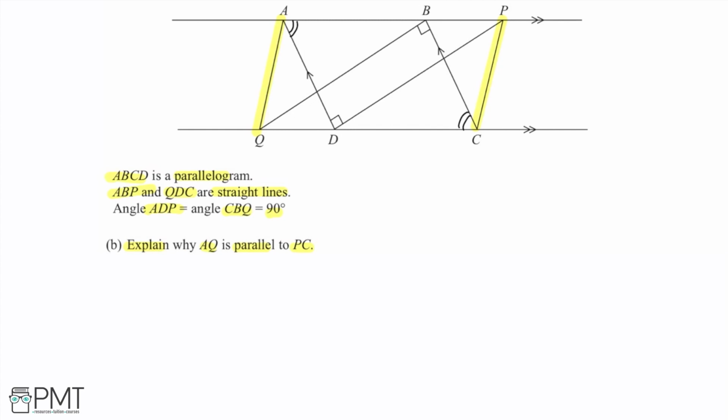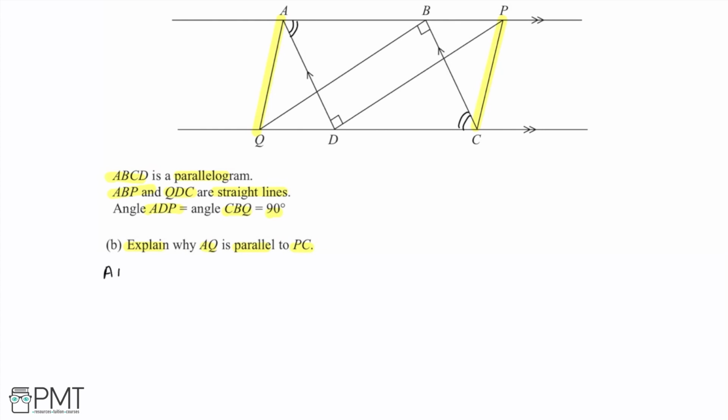So if we look at the other sides, AP and QC, these are both part of the triangles that we proved were congruent previously. So AP is the hypotenuse of this triangle here, and QC is the hypotenuse of this triangle here. And we know that the triangles are congruent, so their hypotenuse must be equal. So that is the first point I'm going to make here.